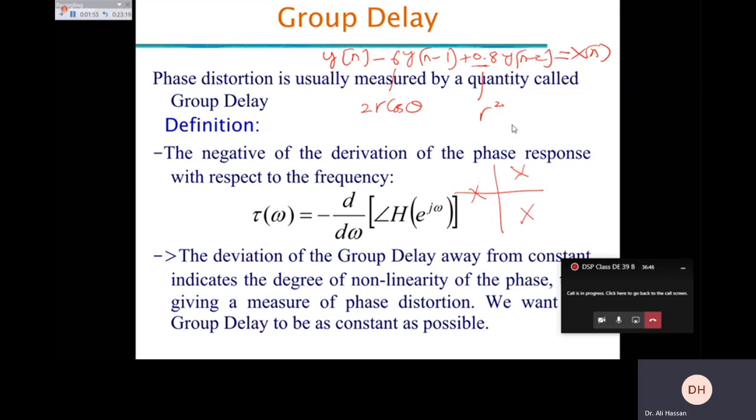You don't want to get into that complexity, because it increases the complexity of the system by a factor of 4. So this is a very important aspect, and we are going to see this in MATLAB shortly.